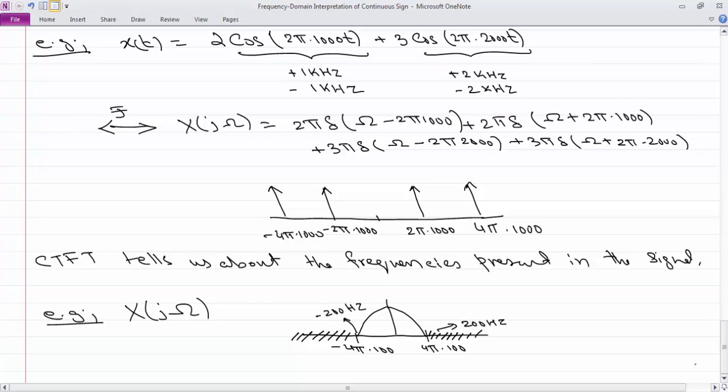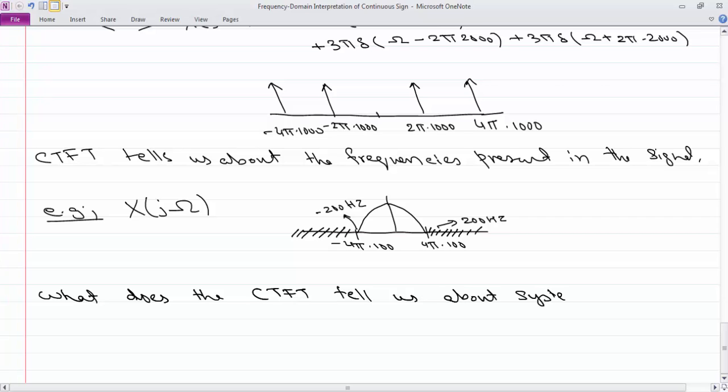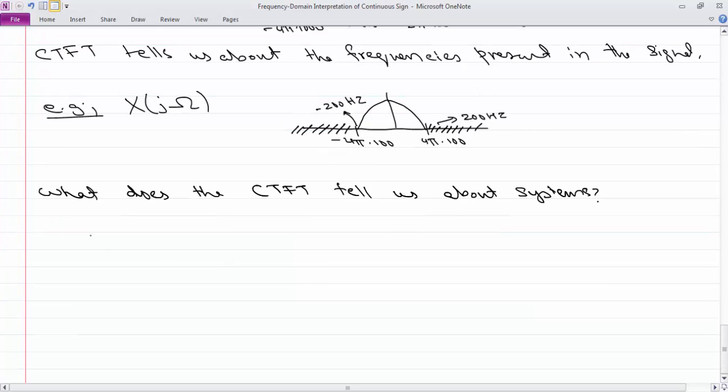So now let's move on. This is what the Fourier transform tells us about signals. What does the continuous time Fourier transform tell us about systems? Now to understand that, we have to remember two things.